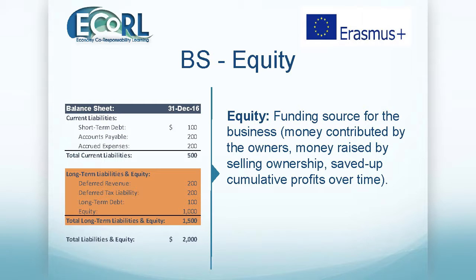For example, money contributed by the owner himself, the money raised by selling stocks from the company to outside investors, which choose to invest in the company, so they give you money and you give them ownership in the company. And also this can be a proportion of the net profit that you received in previous periods.